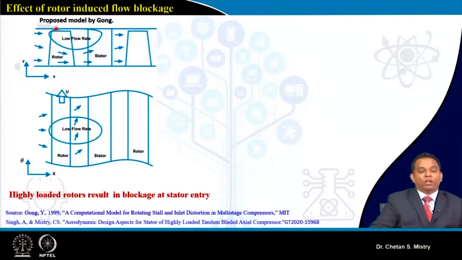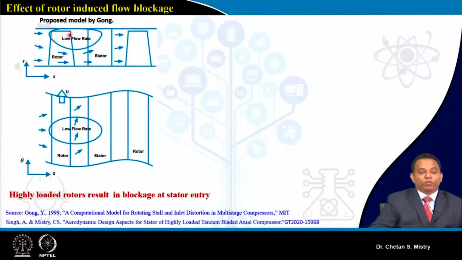And what we have learned is that the rotor has a clearance here. So because of growth of the boundary layer and because of the presence of tip leakage flow, I will have low flow rate or low momentum fluid present near the upper span of my blade.